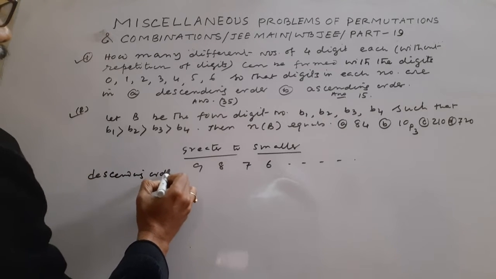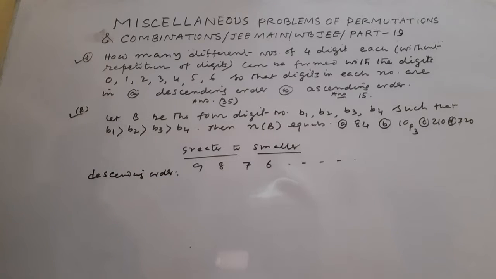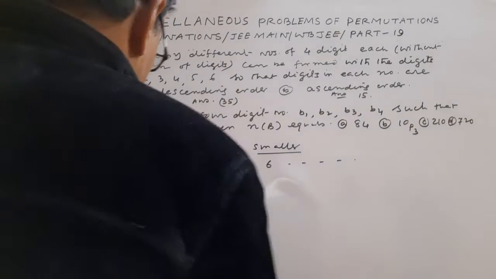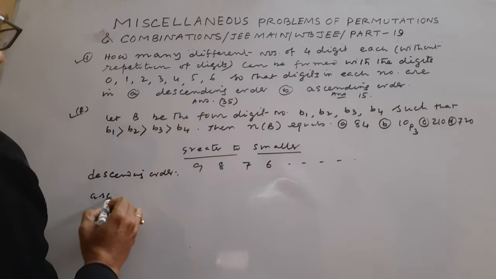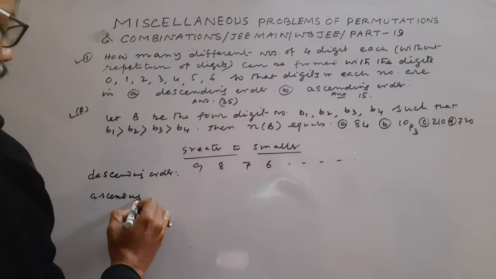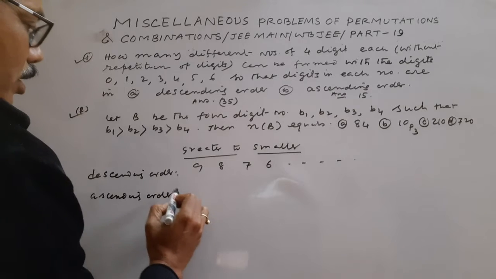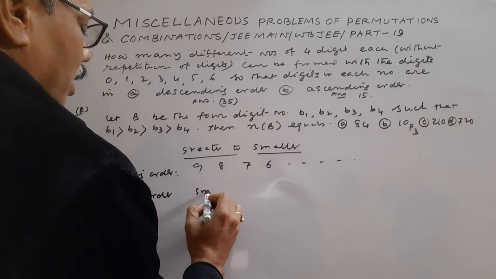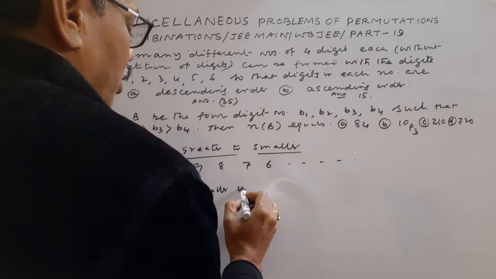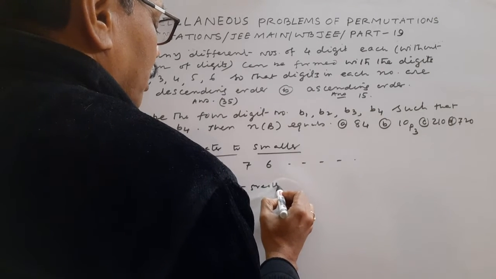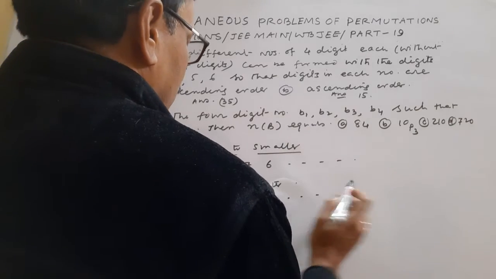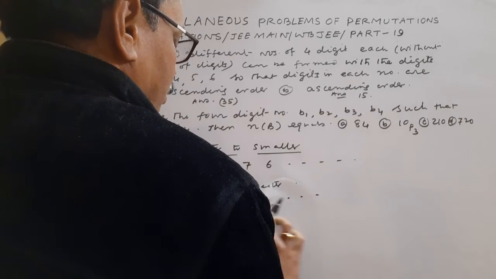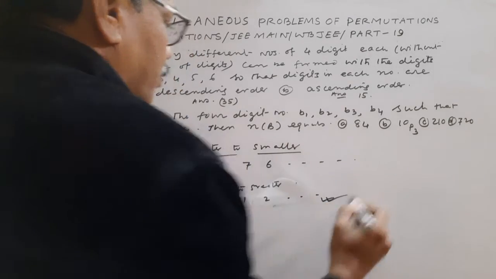Try to recall. And ascending order means smaller to greater, for example 0, 1, 2 in this form.